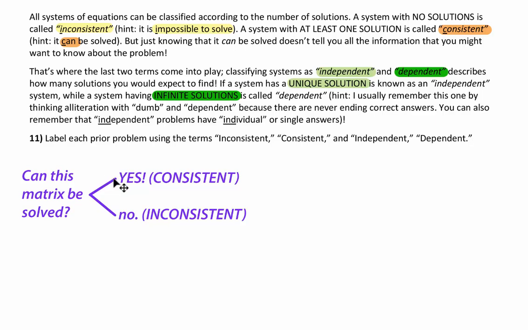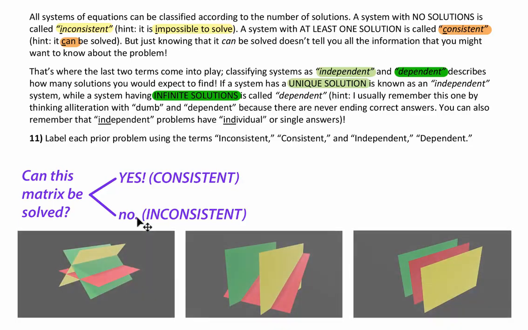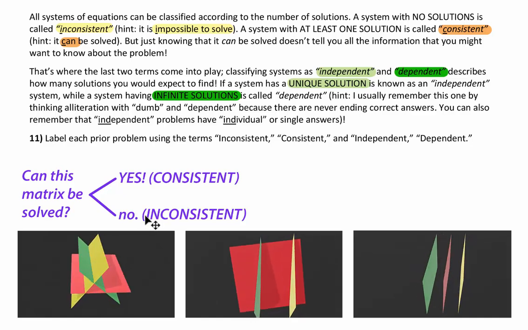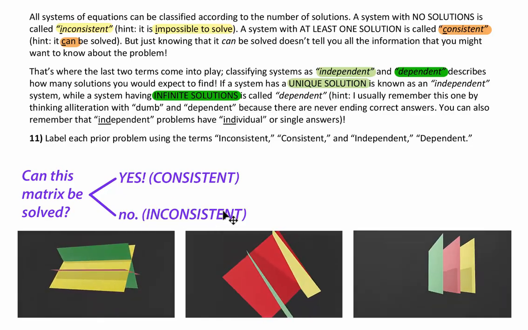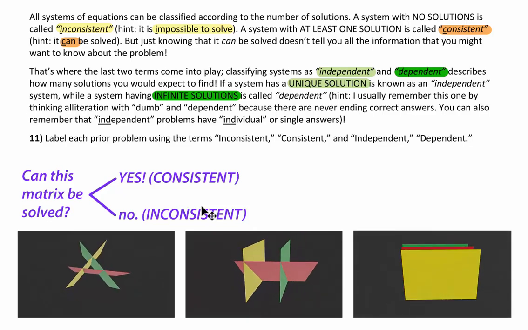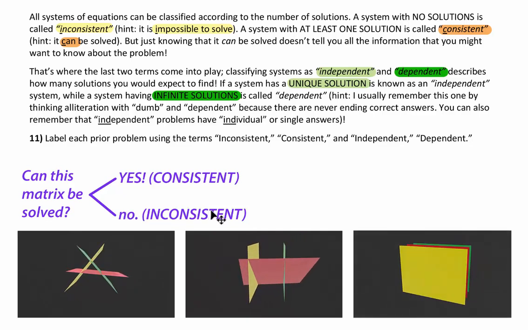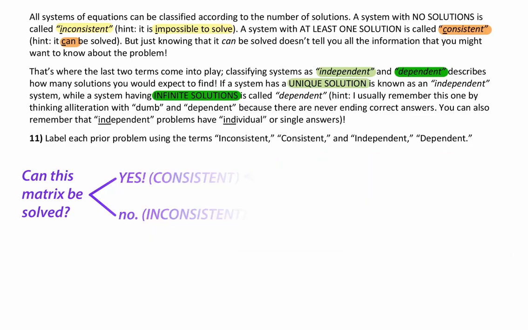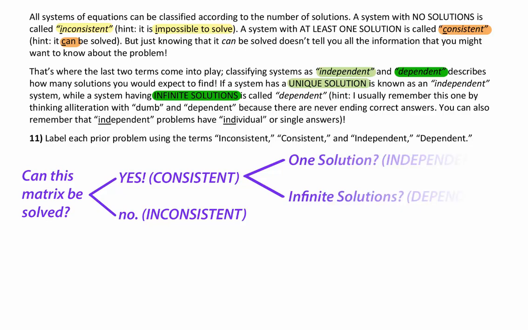If you say, yes, this can be solved, it would be considered consistent. If you say, nope, this is unsolvable, it's giving us something that doesn't make logical sense, that is inconsistent and impossible to solve. You can see a couple of examples down below for things that are inconsistent.